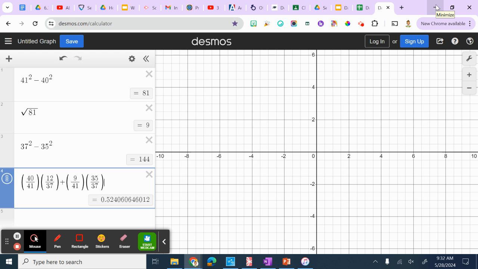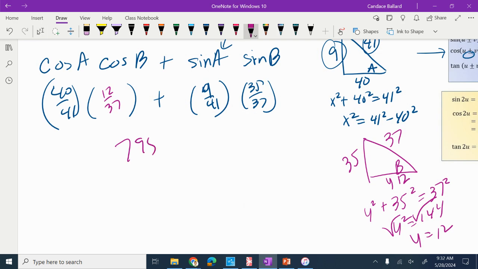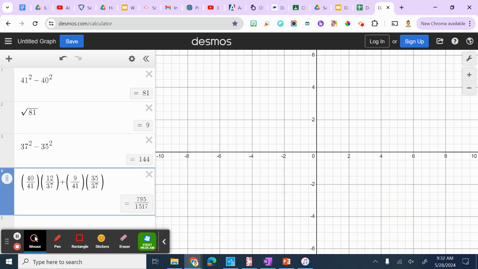Again, I want my answer to be in fractions, so I'm going to toggle the fraction button. So it's 795 over 1,517.